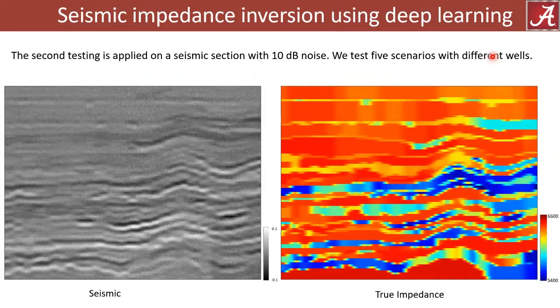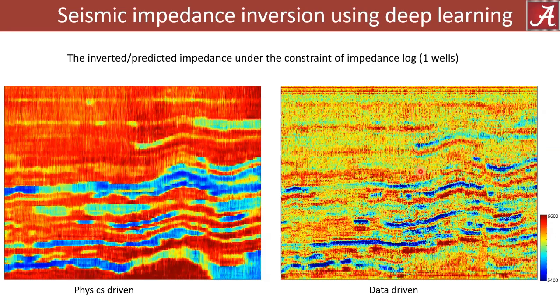To test the performance in a noisy environment, we add some random noise, and the seismic data is at 10 dB signal-to-noise ratio here, with the same true impedance. We'll see the performance of these two different methods. We can see for one well, the data-driven method is terrible.